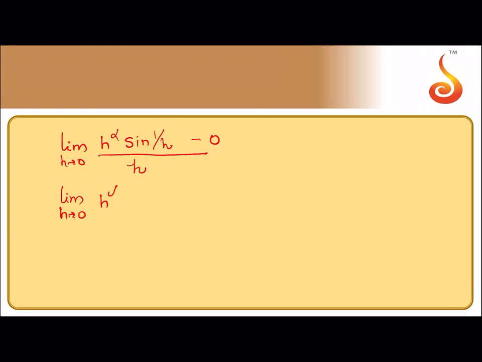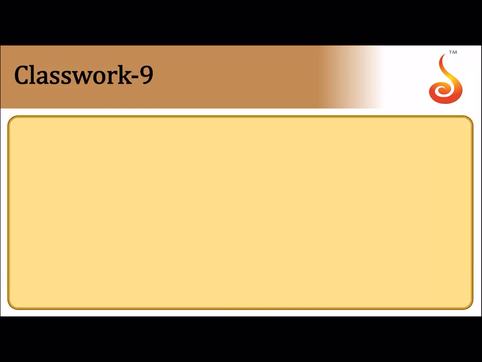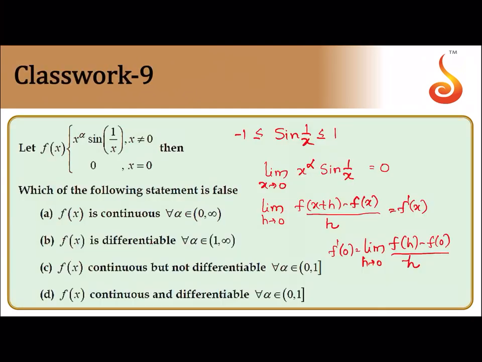Once we apply this, what we get is limit h tending to 0, h to the power alpha sine 1 by h minus 0 by h. So this will become limit h tending to 0, h to the power alpha minus 1 sine 1 by h. Okay, so this will become 0 when alpha minus 1 is greater than 0, alpha is greater than 1, and the function is differentiable. So clearly option C is correct.